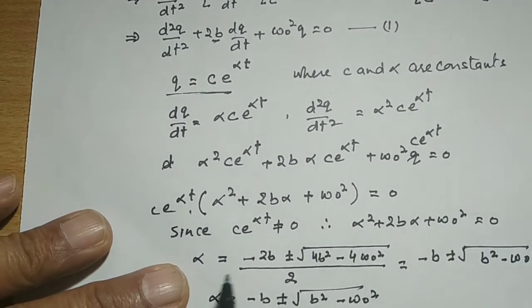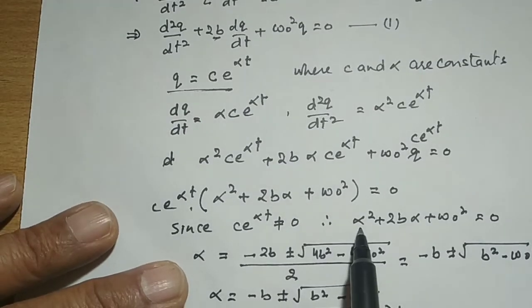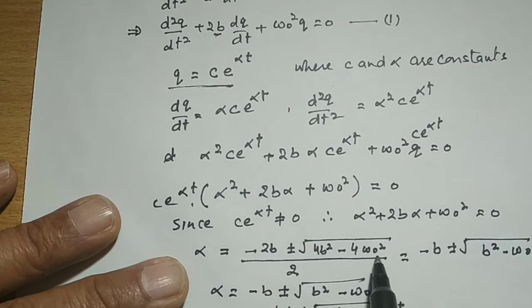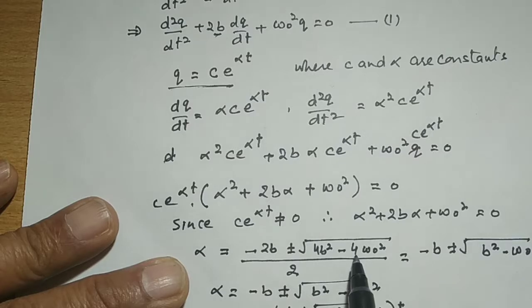We find alpha is equal to minus 2b plus minus the square root of 4b square minus 4a c, where a is 1 and c is omega naught square. In both terms 4 can be taken out of the square root, we get 2 there and another 2 in the numerator, and the 2 in the denominator cancels.